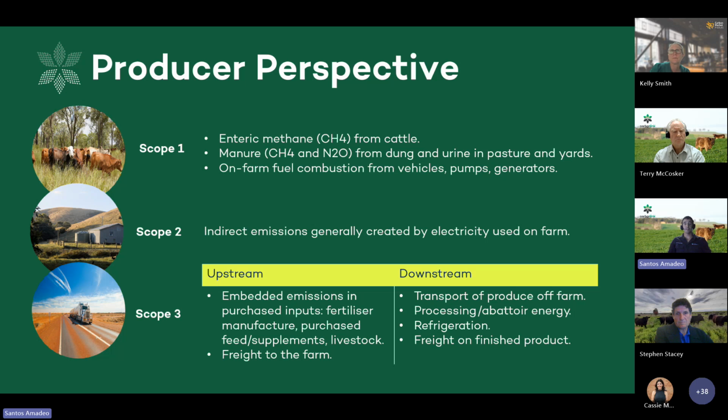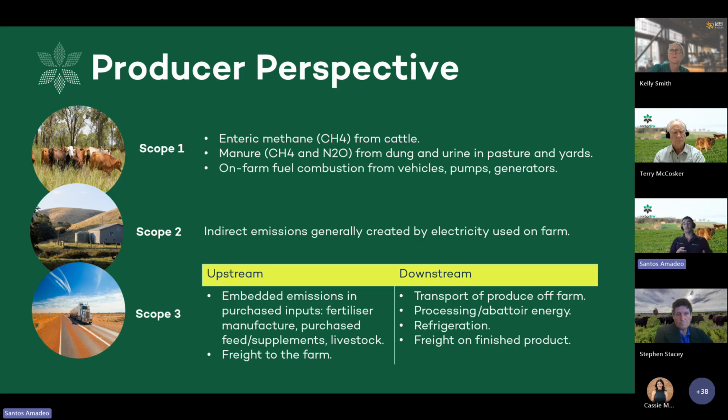Of note here, as Stephen put it last time, in the beef supply chains, it's common for cattle to change hands multiple times during their life cycle. So, for example, a calf might be sold by the breeder to a backgrounder, and then from the backgrounder to a feedlot, and finally to a processor.